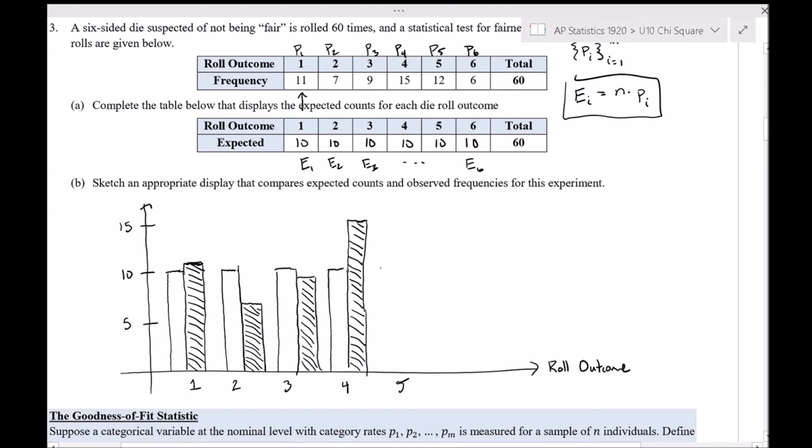Expected count, 10. Observed count, 12. 12 is a little bit higher. Shade it in. 6. Expected was 10. Observed was 6. So it's a little bit higher than 5, somewhere down here.